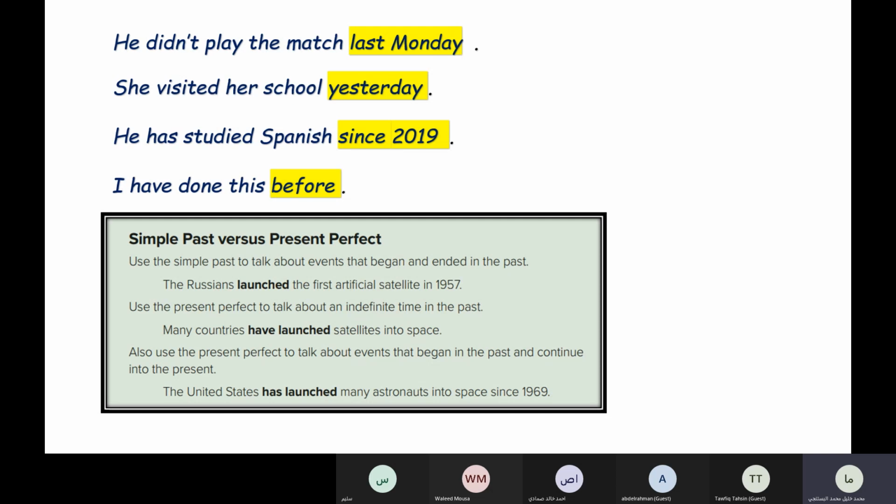Want, know, love. A lot of verbs do not take the ing form. We cannot say, I am wanting. So we call them stative verbs, verbs which do not take the ing form.